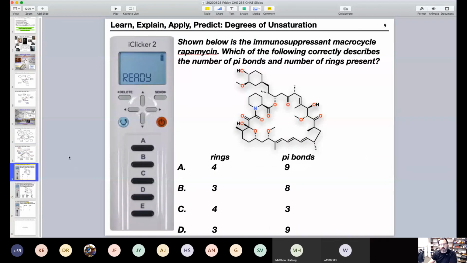So let's ask some questions here. Again, this is a visual inspection. Here's rapamycin. How many pi bonds and how many rings do you see?